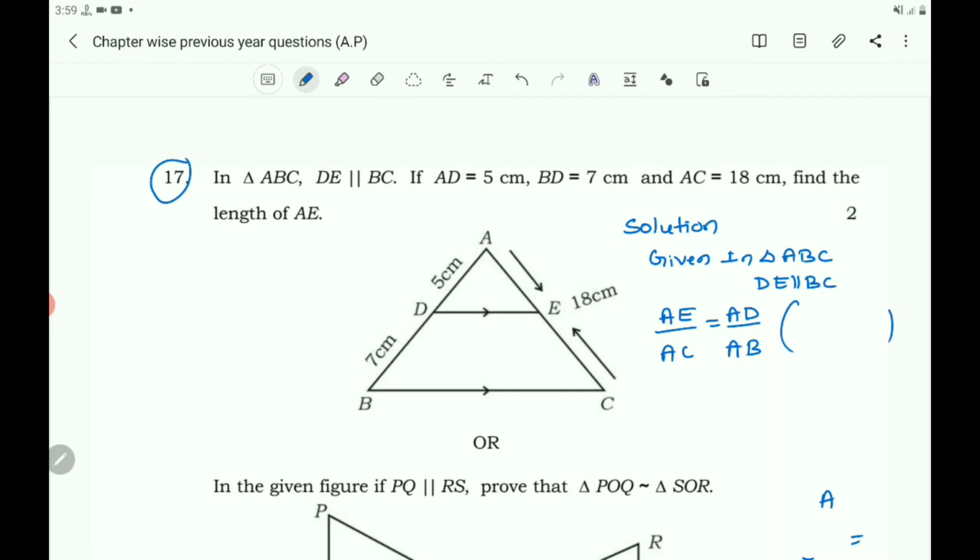So, you write BPT or Thales theorem and its corollary.